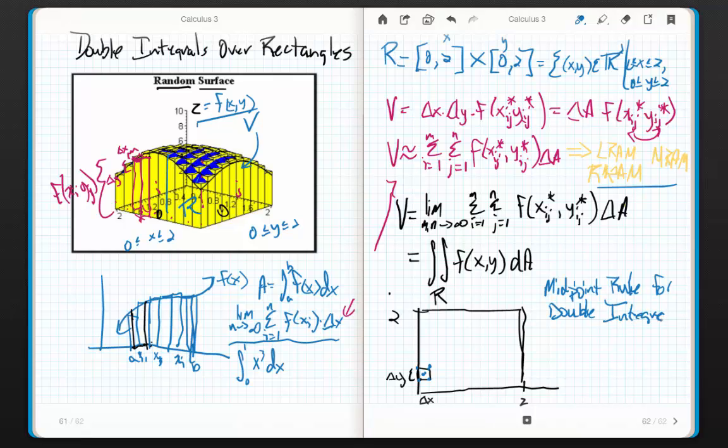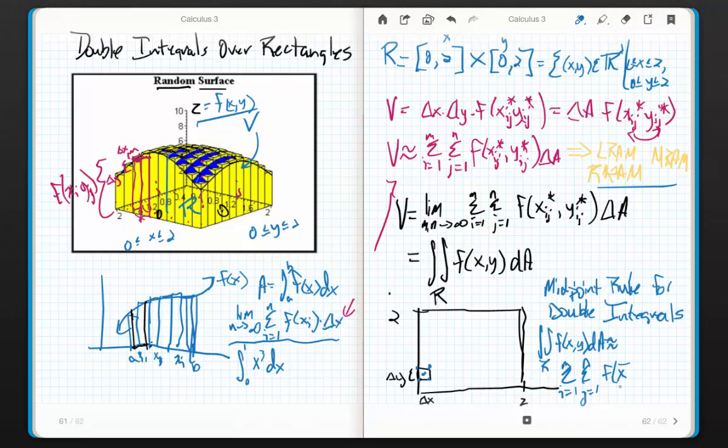We know that the double integral over R of f(x,y) dA is approximately equal, because we're doing approximations, to the sum as i goes from 1 to m, the sum as j goes from 1 to n of f of x bar.